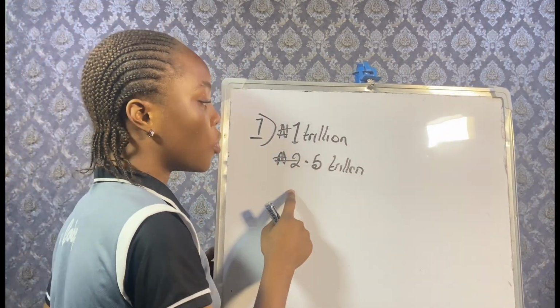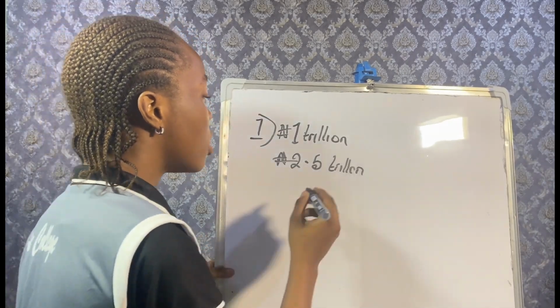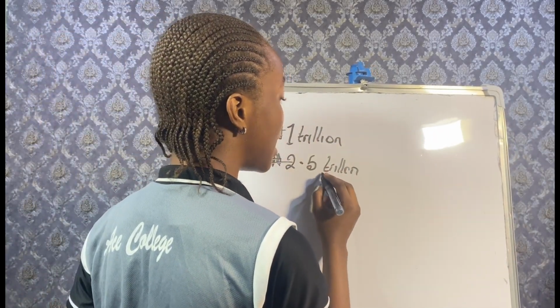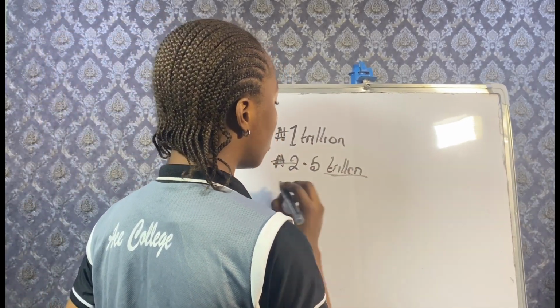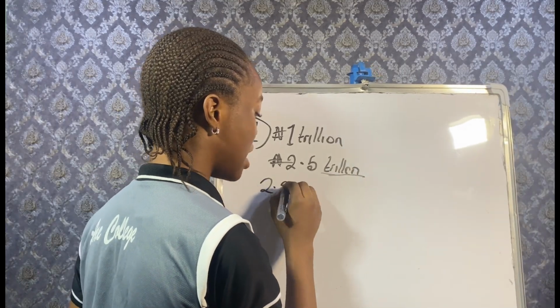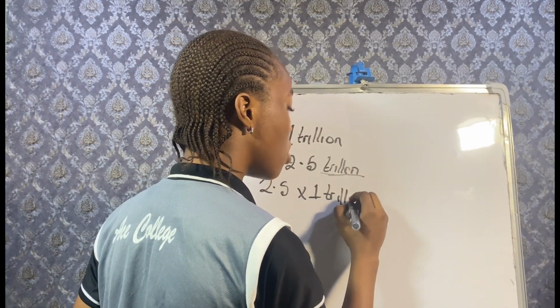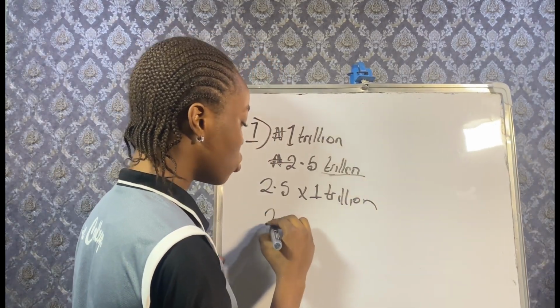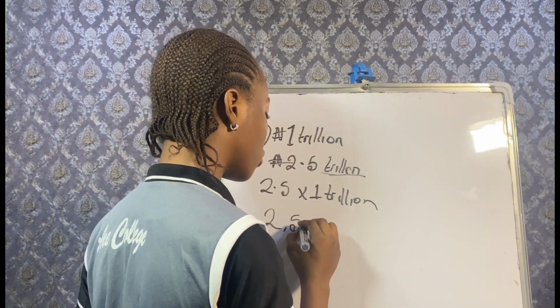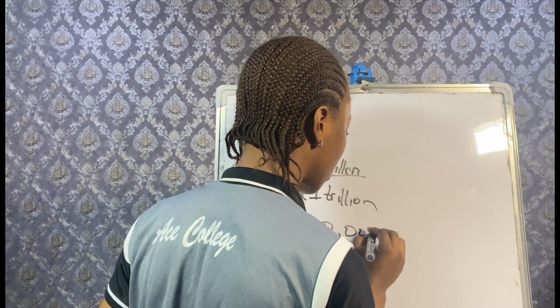To expand 2.5 trillion naira, we multiply it by the place value. That should be 2.5 times 1 trillion, which gives us 2,500 billion.